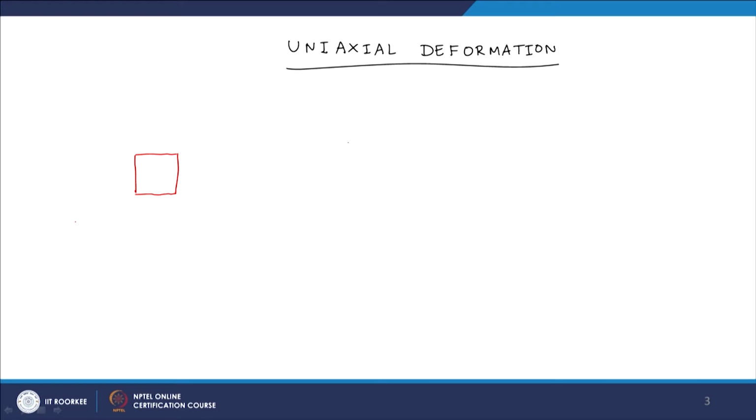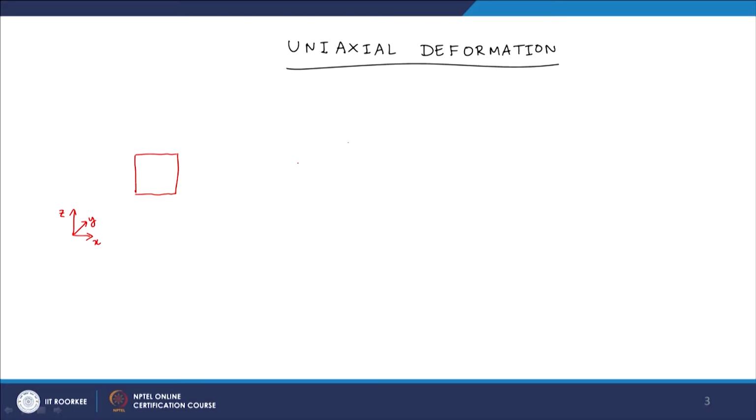So, let us say this is my Z, this is my X, and this is my Y. So, I am just drawing in X and Z, but you can assume that there is also a Y direction, just like we have the X direction. So, in 3 dimensions, it is going to be something like this.